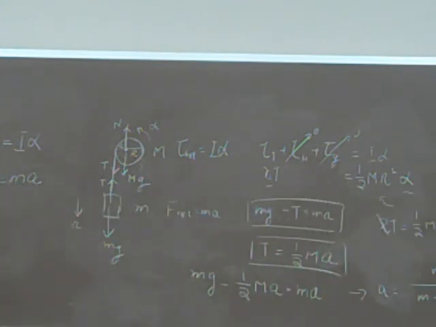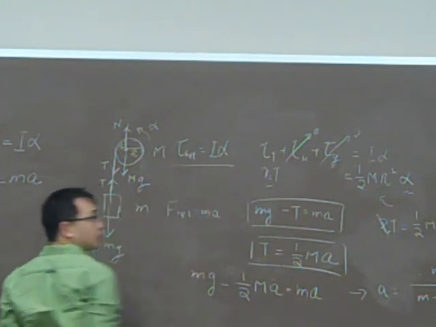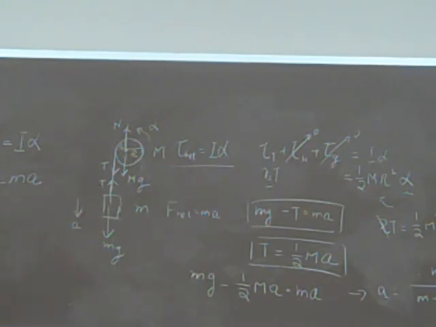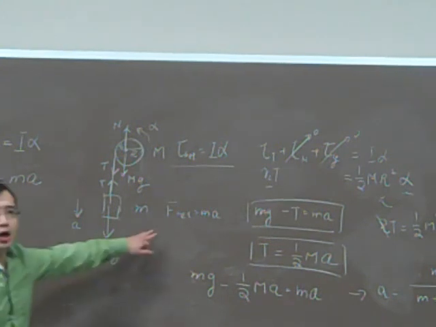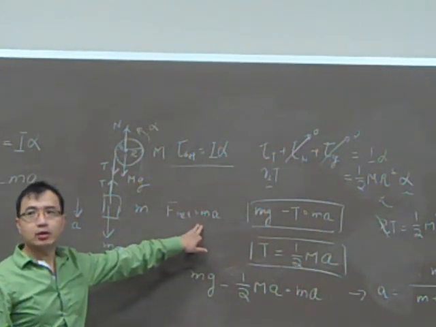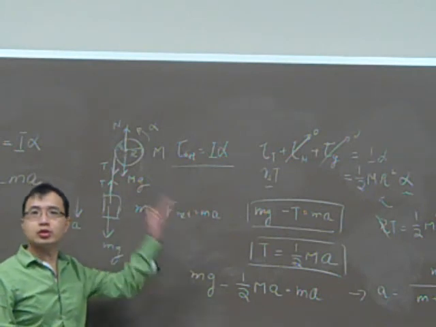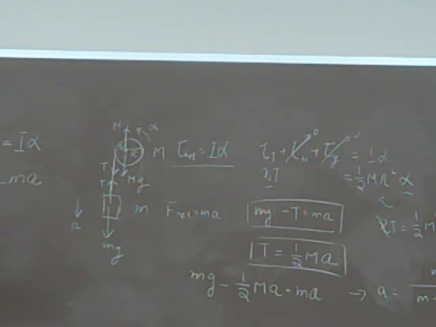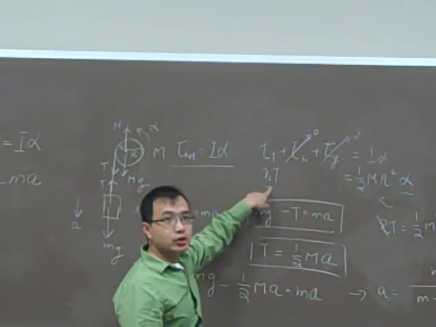So you can see here, formally, we still have Newton's second law. It looks very similar to the linear Newton's second law. But you need to remember many of the conceptual definitions here. How can you handle the torque?